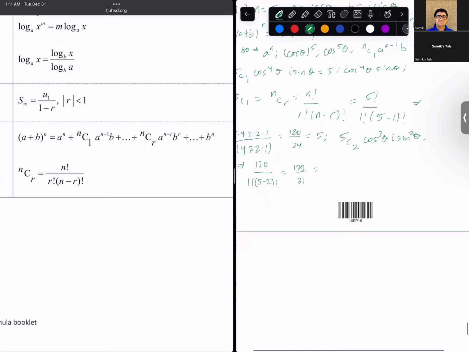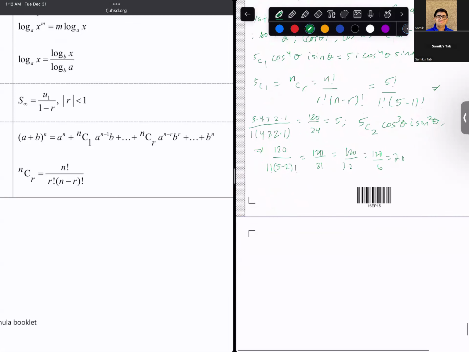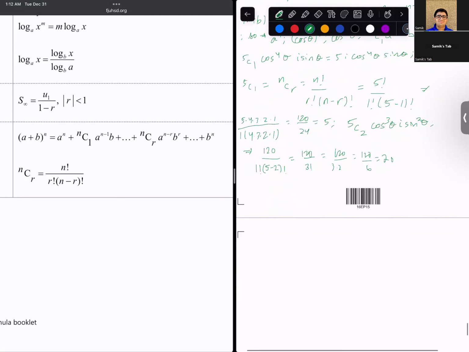So we have 120 upon 3 times 2, 120 upon 6, equal to 20, I believe. And so that should be how we do it.